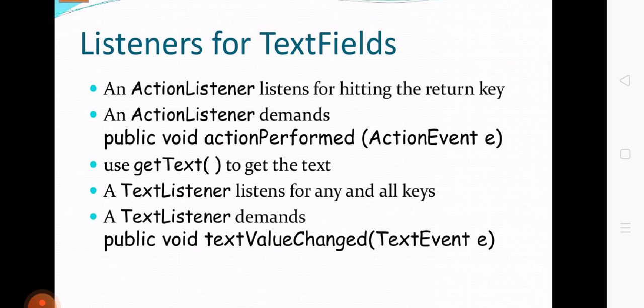Whenever a carriage return is entered, or if we hit the return key, the event occurs and this event is passed to the actionPerformed method, and within the actionPerformed method we will have a getText method. What this getText method will do is take the corresponding text from that text field. We can write a listener for the text field like this.